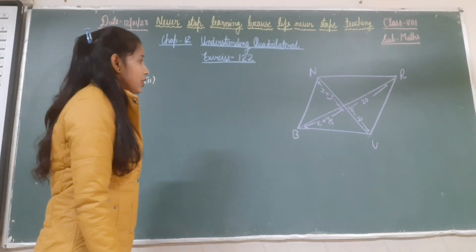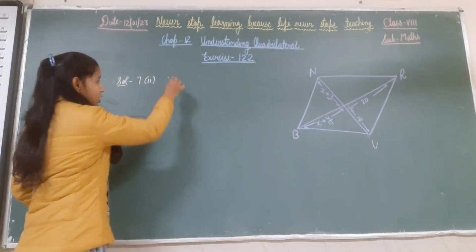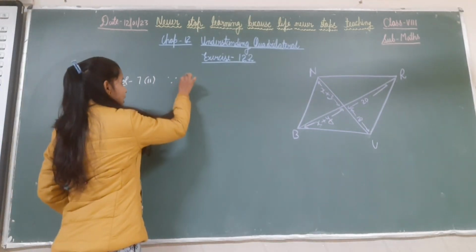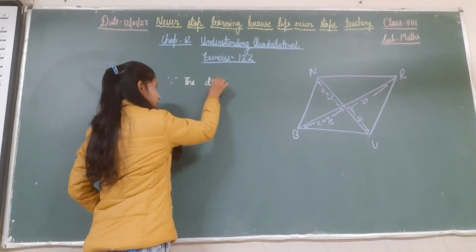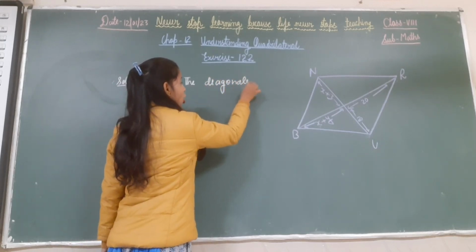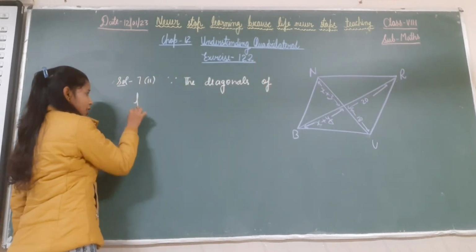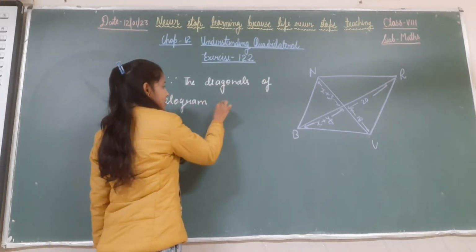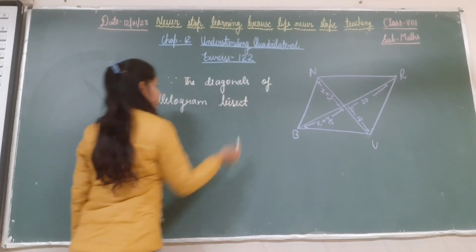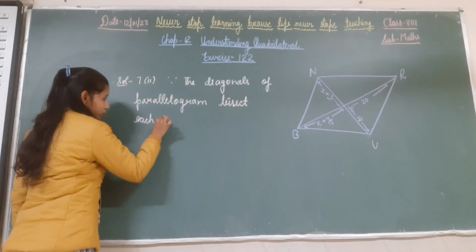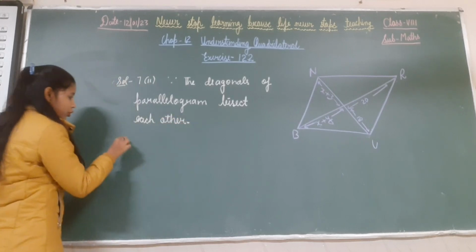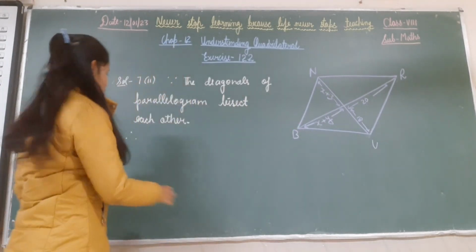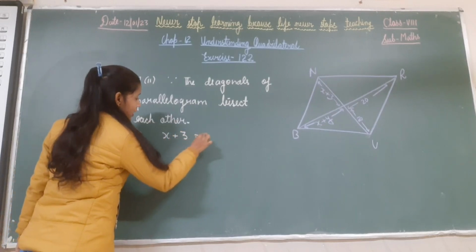Firstly, you will write: since the diagonals of a parallelogram bisect each other, therefore we can say that x plus 3 is equal to 18, right?